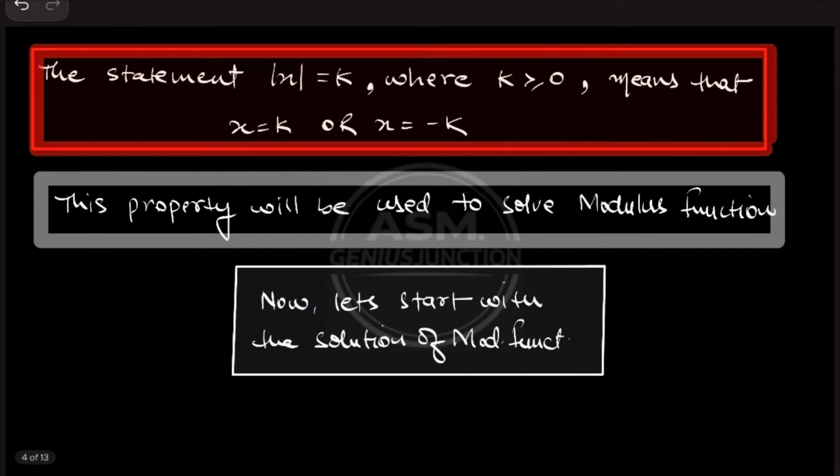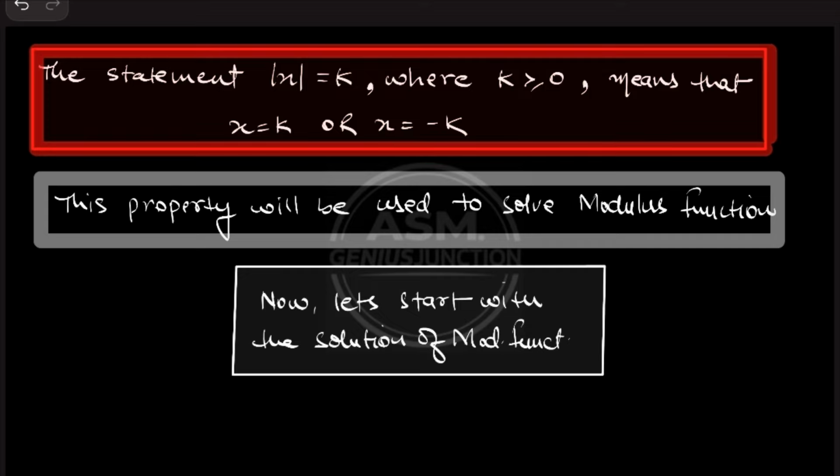The statement mod of x equals k, what does it actually mean? It means that the value of x can be equal to positive k or it can be equal to minus k. This property will be used intensively for solving the questions which are based on modulus functions.